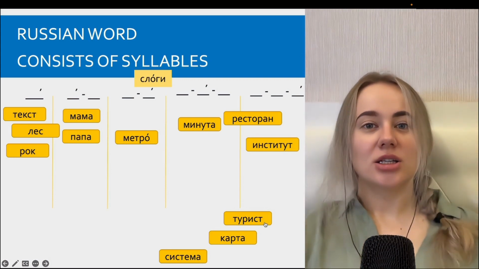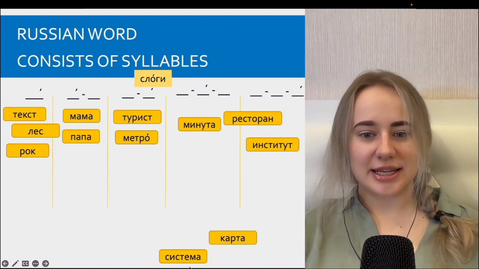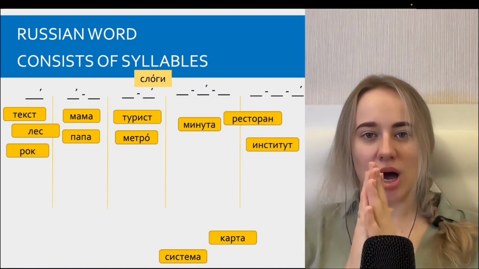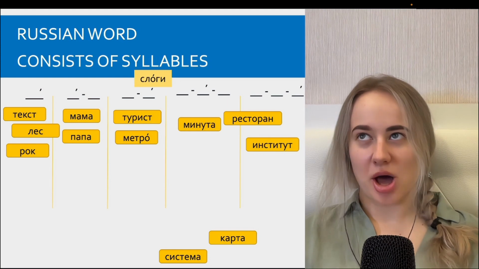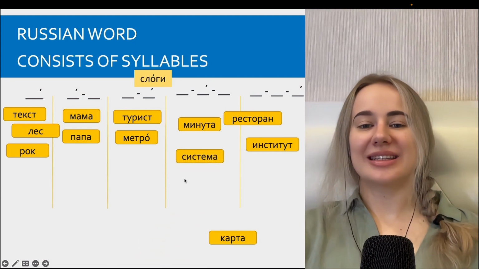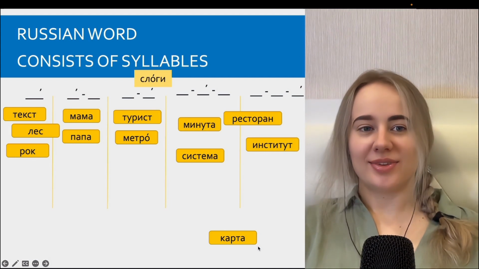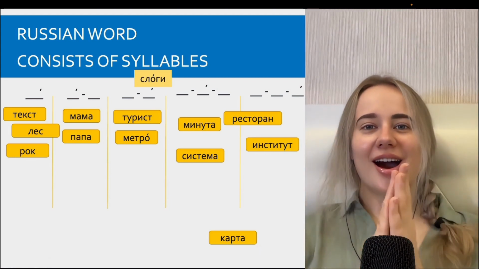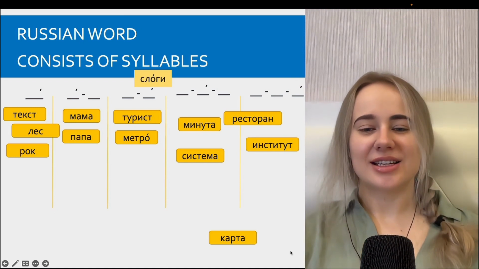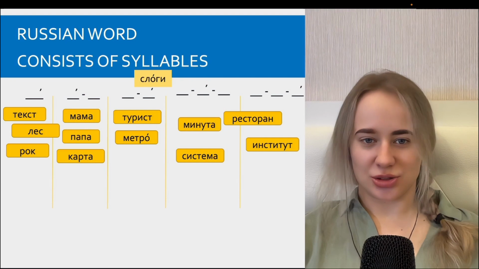Two syllables. The second is stressed. Система. Which one is stressed? The stress is on я. And the last word is карта. Two syllables. The first syllable is stressed.